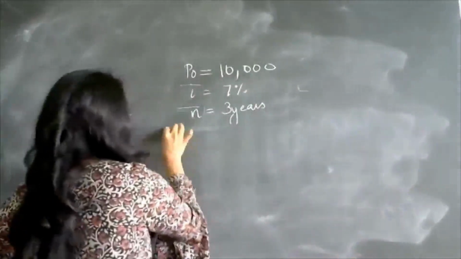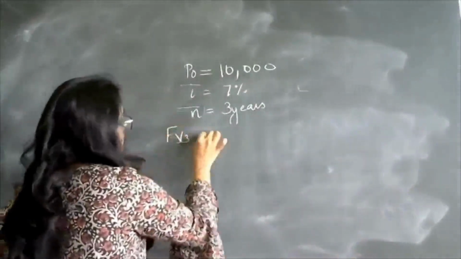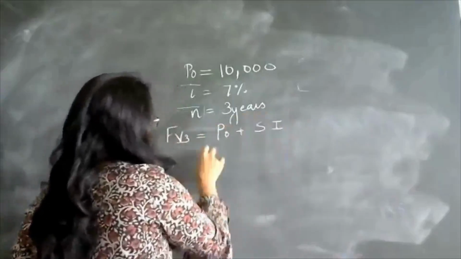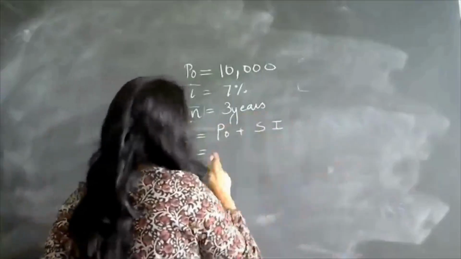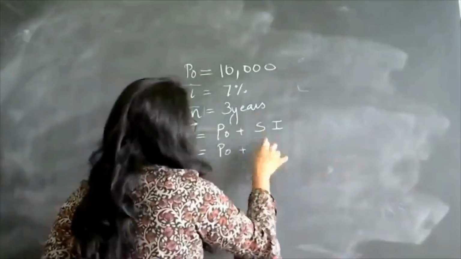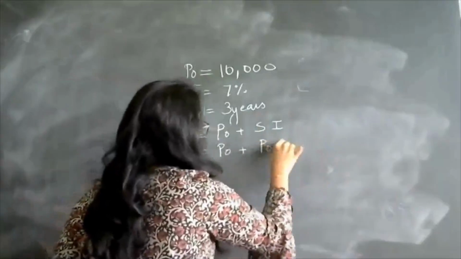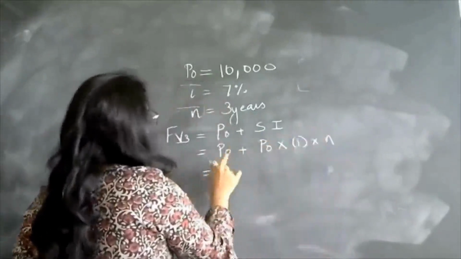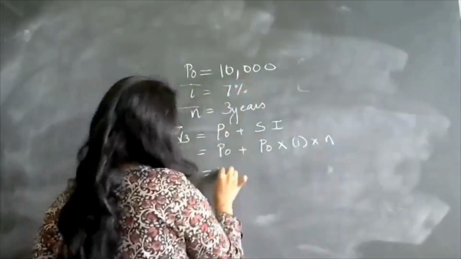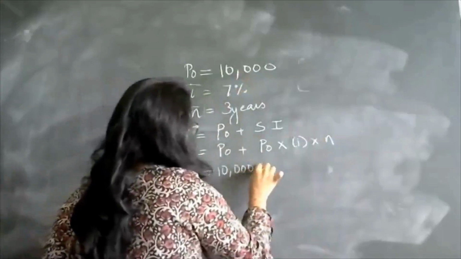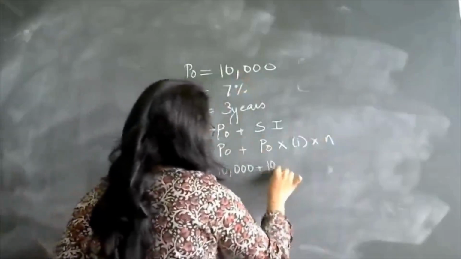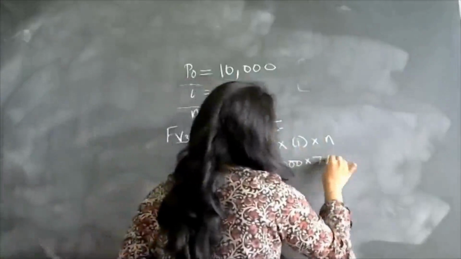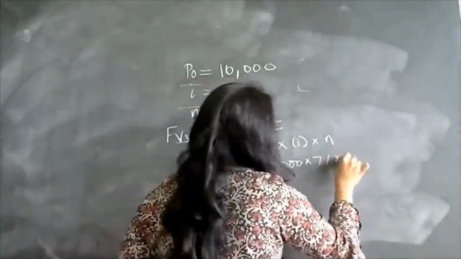So they're basically asking the future value at the end of 3 years, which is nothing but the principal amount plus the simple interest. Now this can be again simplified as simple interest formula is what? Principal amount into the interest rate multiplied by number of years. Over here the principal amount is what? 10,000. Plus again the principal amount, interest rate is what? 7% into number of years, that is 3.